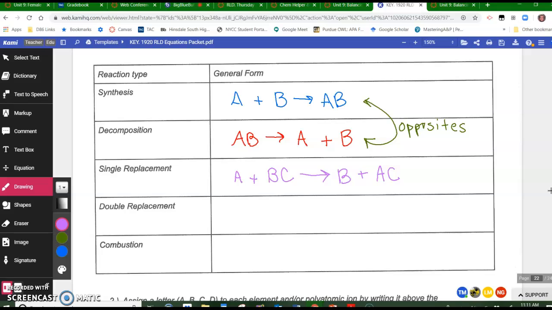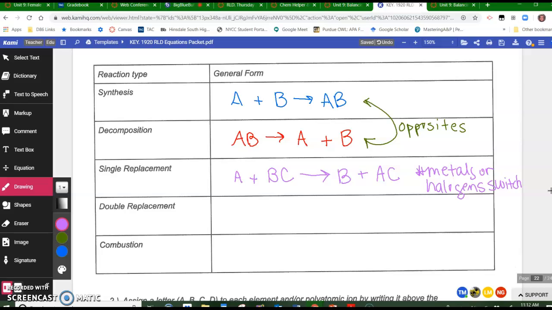And the thing that's happening is that the metals or the halogens switch. So A and B are usually going to be metals, but sometimes if A is a halogen, then it's going to switch out with the other halogen.